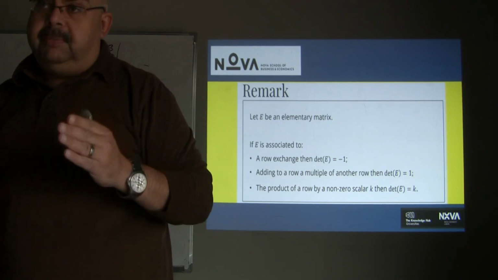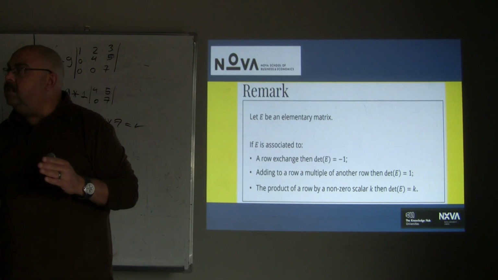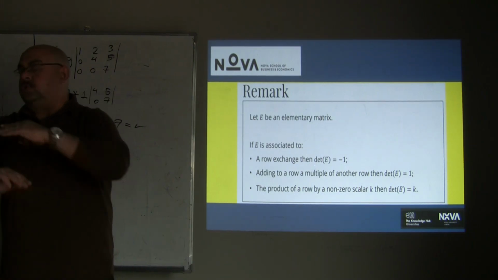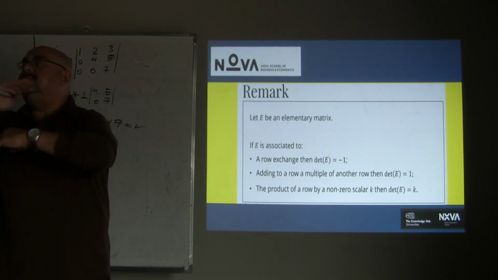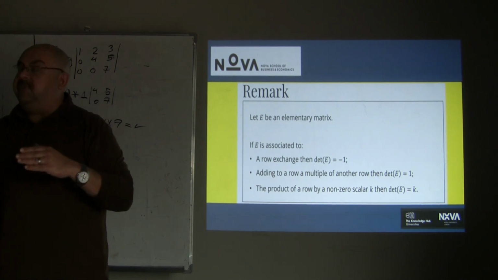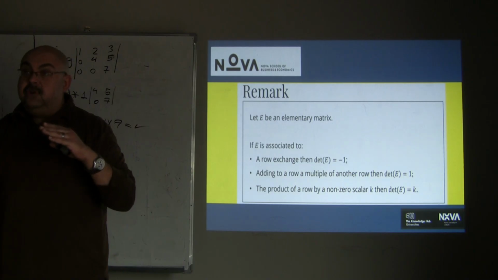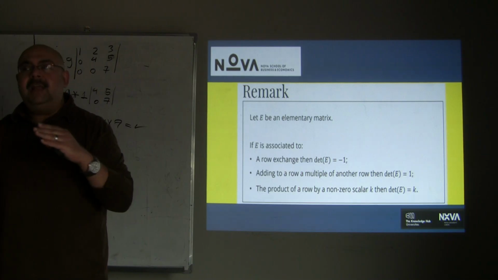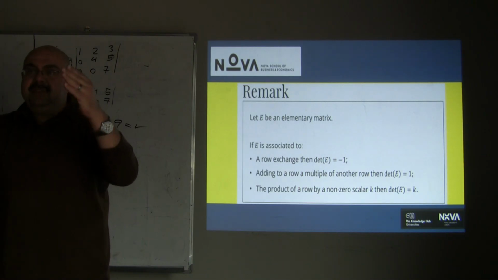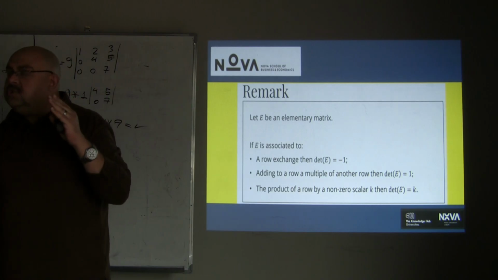But in determinants, the value of the determinant will depend on the process that you do. If I change 2 rows in a determinant, the sign will change. If I multiply a row in a determinant by a number, the value of the determinant will be multiplied by this number. If I multiply a row by a number and add the result on another row, the value of the determinant is not going to change.